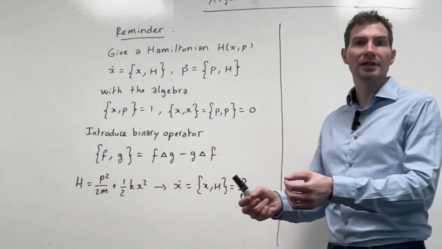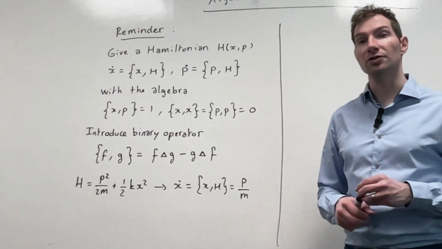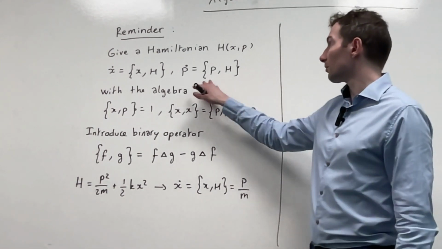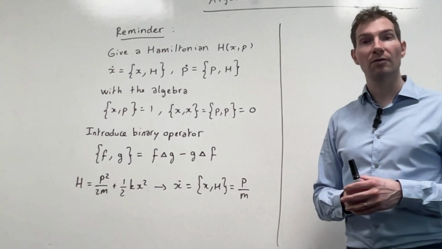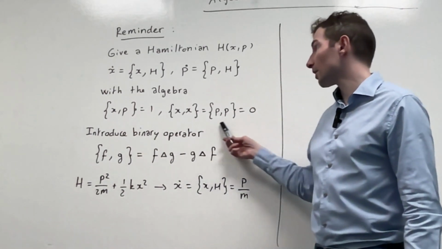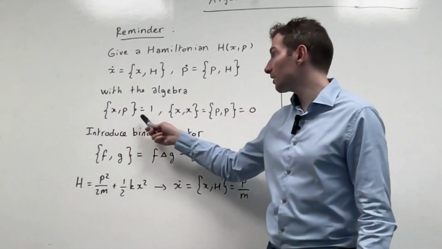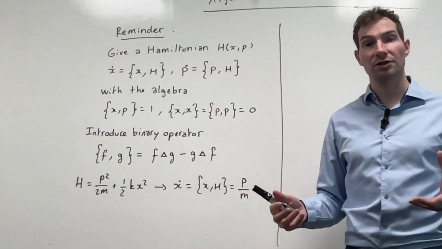But the point is basically to solve these, to find the equations of motion, without having to perform the partial differential form of this Poisson bracket. And instead, we just provide these particular algebraic relations, so that xp is equal to 1 and that xx and pp are equal to 0.